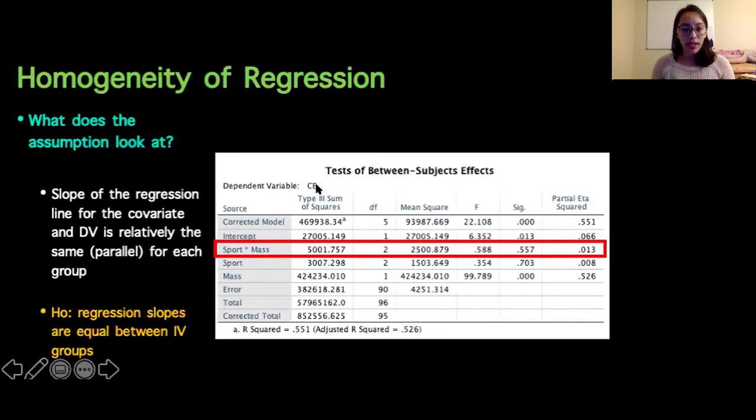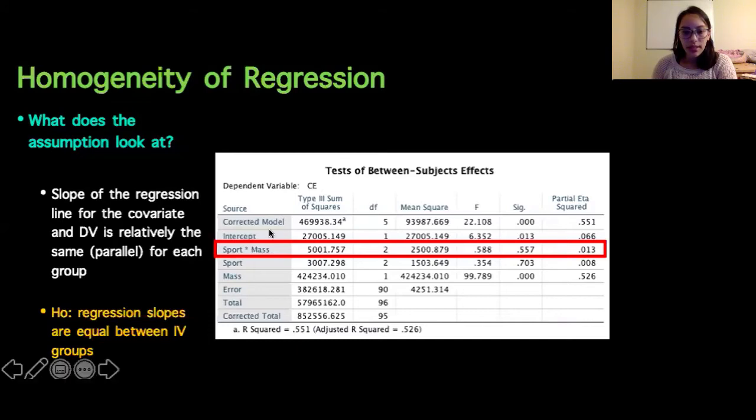So we're comparing the regression lines for the covariate and dependent variable while compartmentalizing our data by sport, if that makes sense. Okay, so the null hypothesis for homogeneity of regression is that the regression slopes are equal between independent variables.